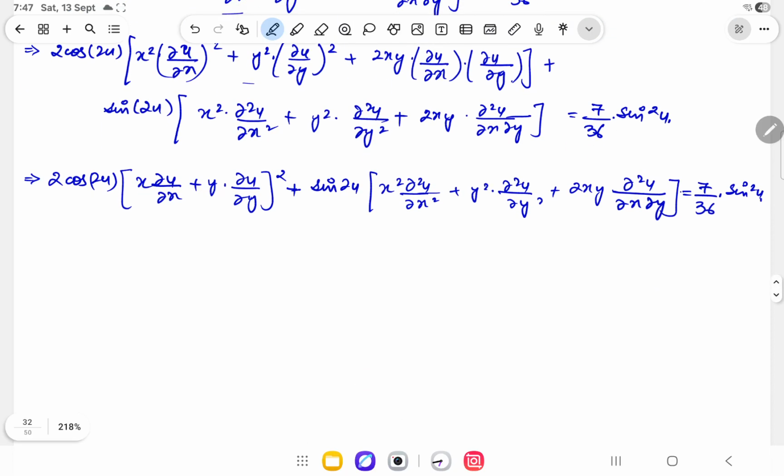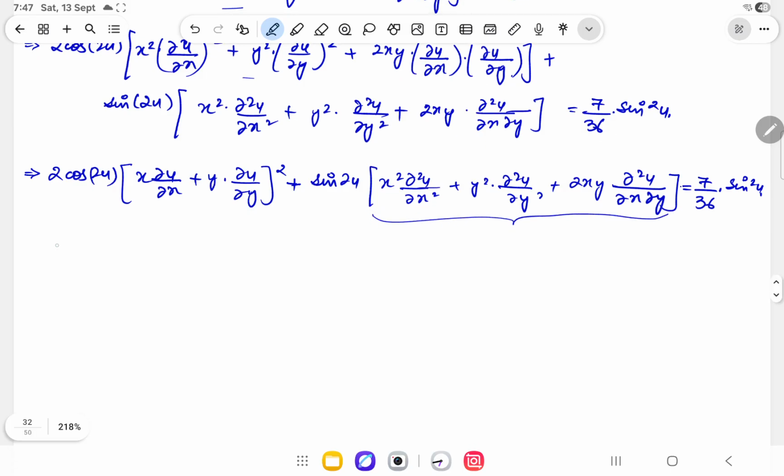So we are supposed to find, on the left hand side we have this term, so let's just take the other terms to the right hand side.